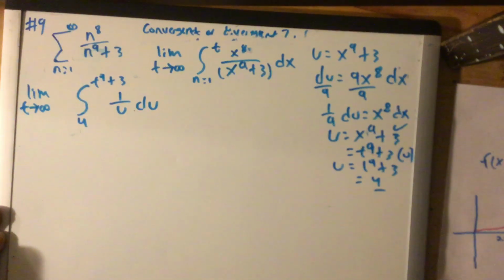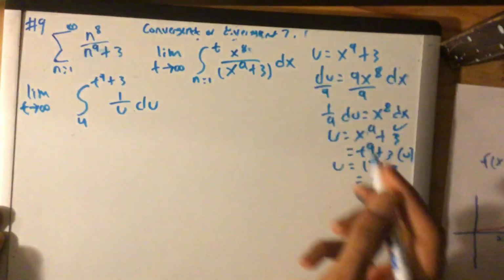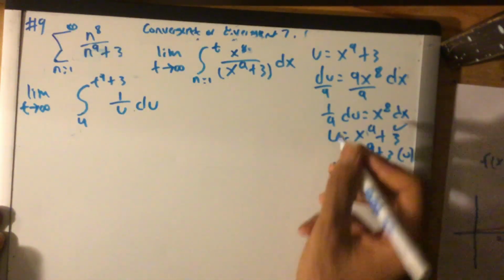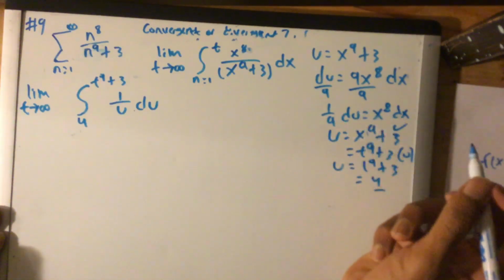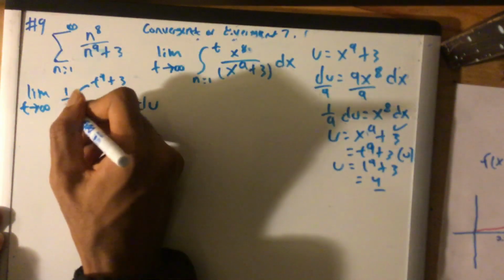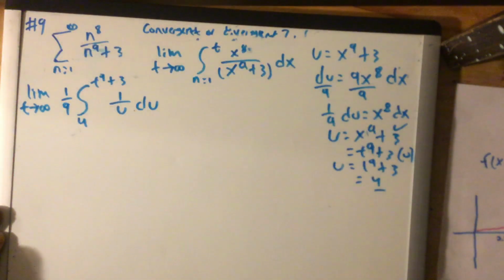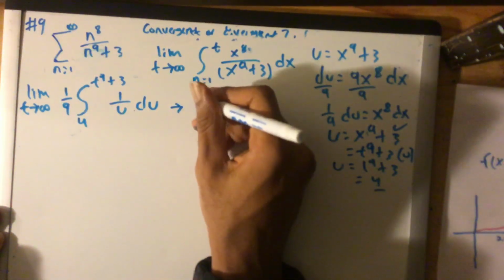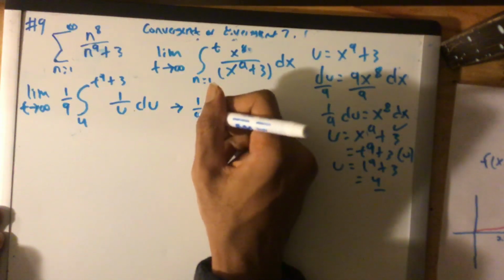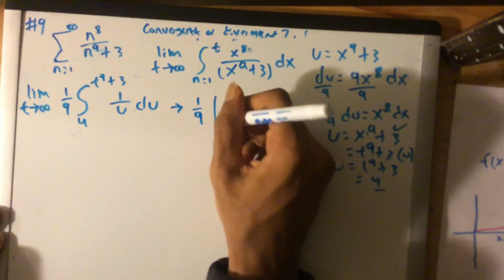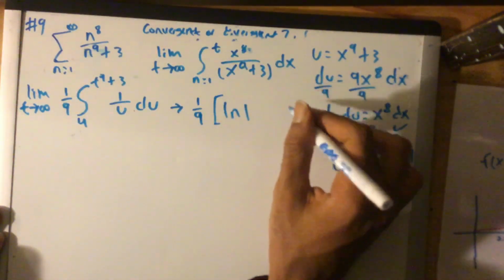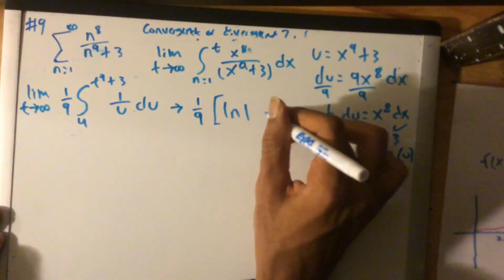Now I'll continue to solve for the integral. I almost forgot: you know how we got 1 over 9 over here? We have to put the 1 over 9 over here. Solving the integral, we have 1 over 9 ln of the absolute value of u.